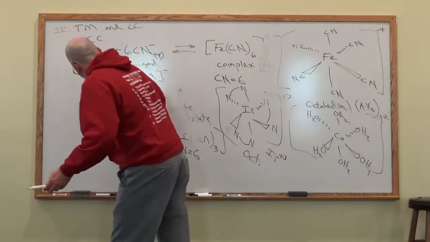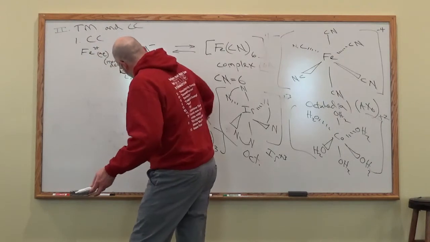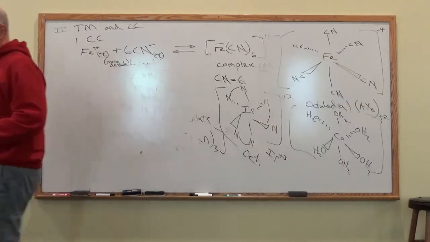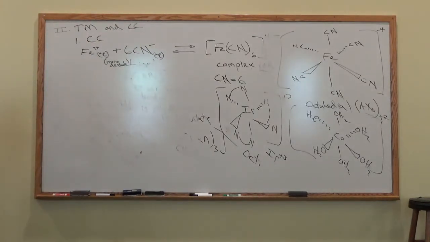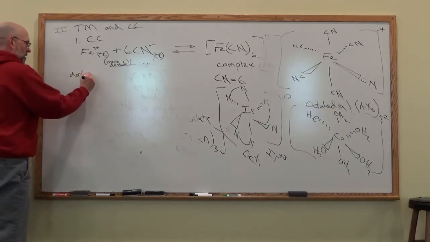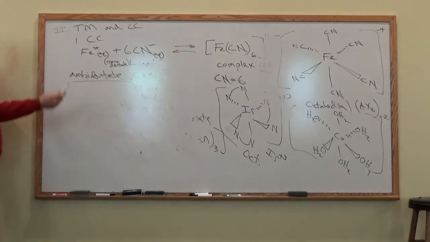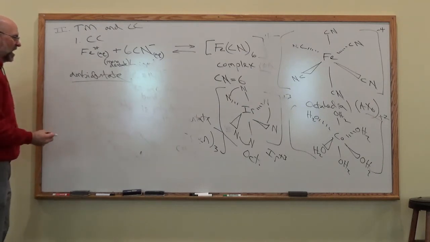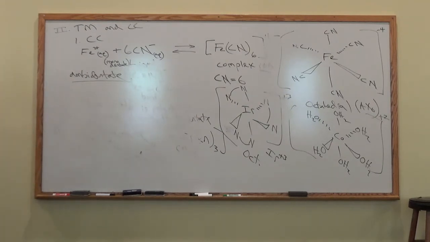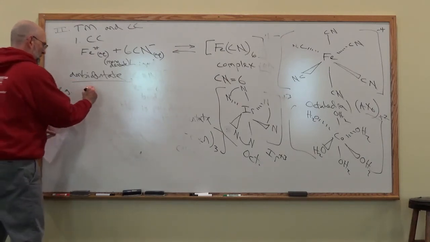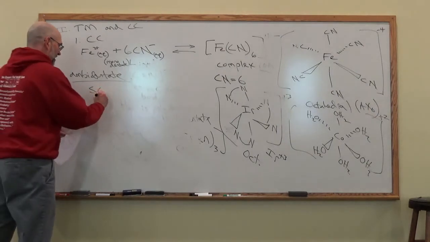In fact, I think I'll save the last example for a lecture since we're going to do that in the lab. I'm just going to give you an example from the last two definitions here. Ambidentate ligands can grab on either side of the ion. Let me just show you one example, and you can see these on your handout.